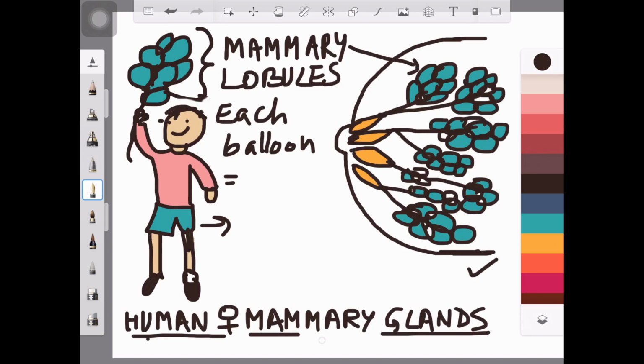Make a C-shaped structure and draw these rounded balloon-like structures. I've shown this boy holding balloons. Isn't it the structure of the thread and the balloon similar to the ones which I've shown here? Right. Each balloon here can be called an alveolus.